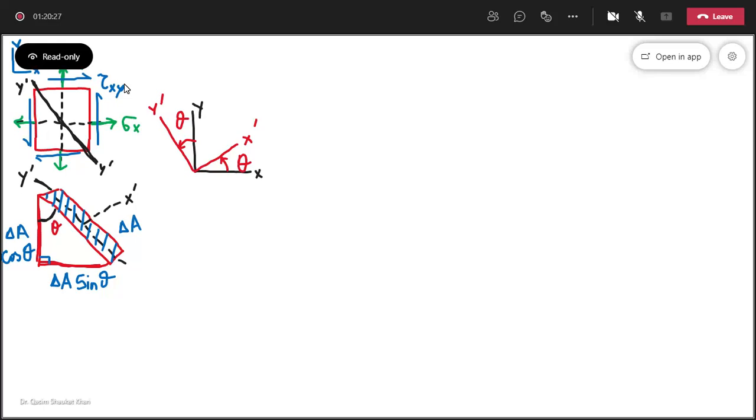Now I will make this figure. I should make this figure somewhere here because there will be some stresses.